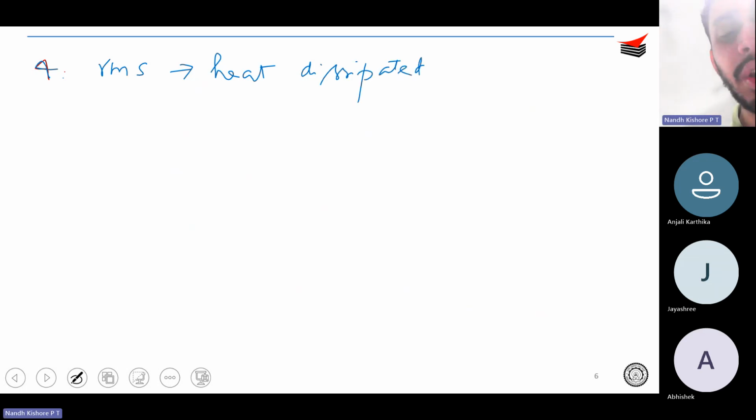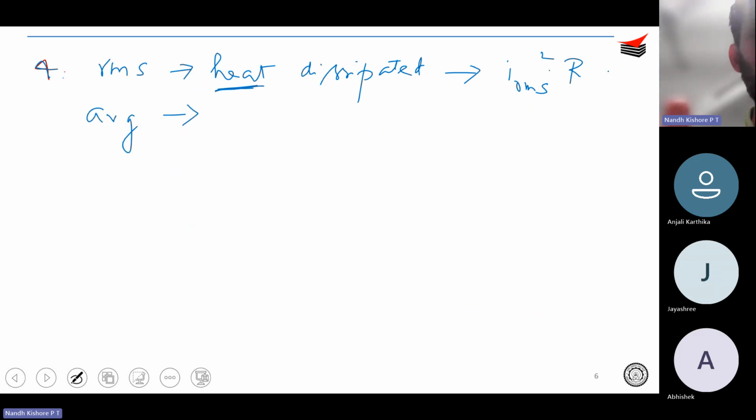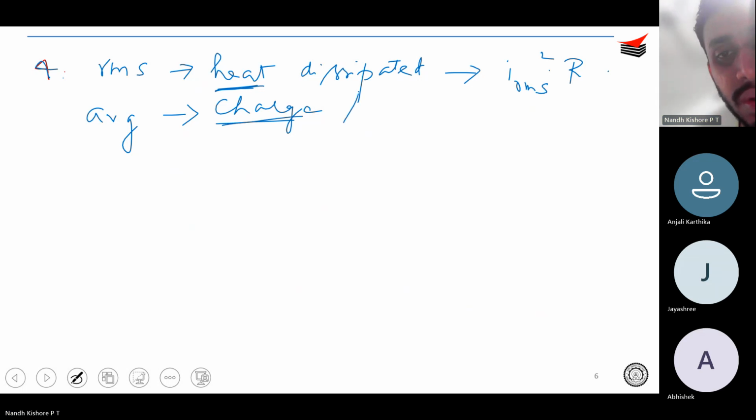Always note that you need to use the RMS component, I RMS square into R. It is always associated with heat, RMS. Okay. Whereas what is the average? Average is basically, if I tell average voltage, it means that this much amount of charge has been transferred to the capacitor across the voltage, correct? So it is something like charge transferred. Okay.